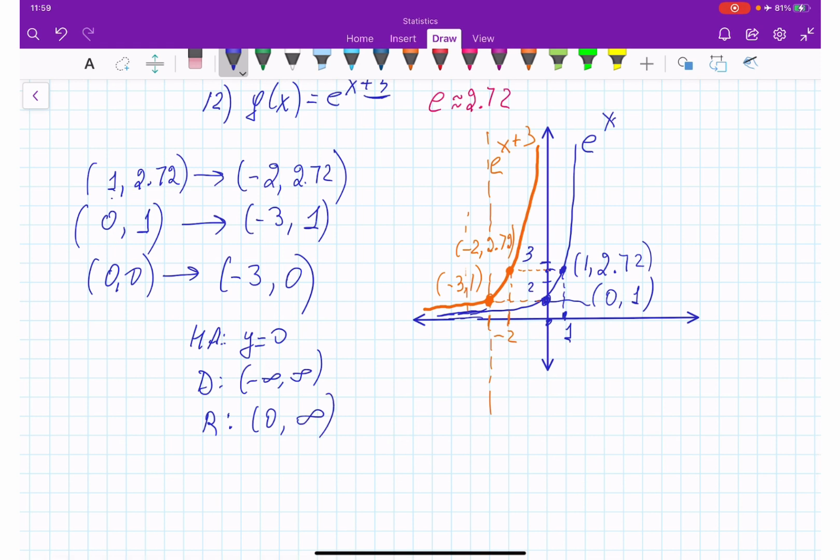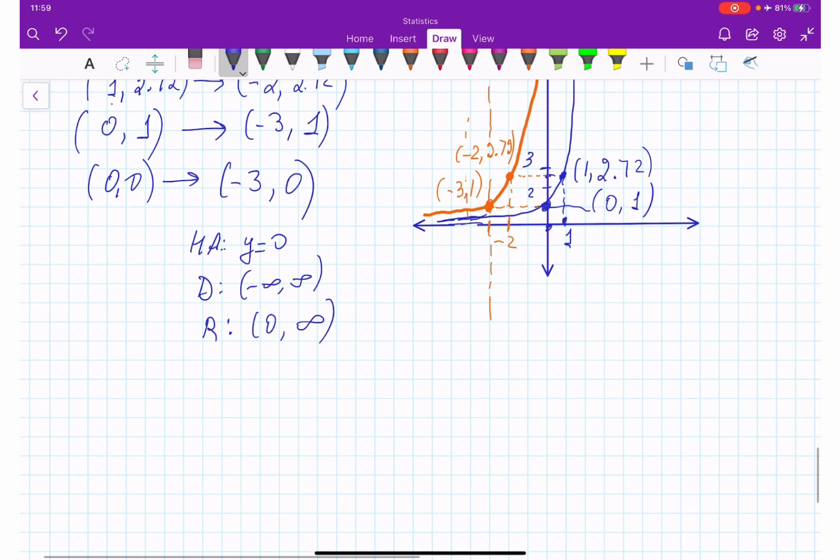Question number 13. Now I guess we are going to manipulate with e. Now we have e to the power x minus 4. We drew the function with plus 3. Now we will do it with minus 4. So e to the power x minus 4. Let's do it right away without drawing e to the power x.